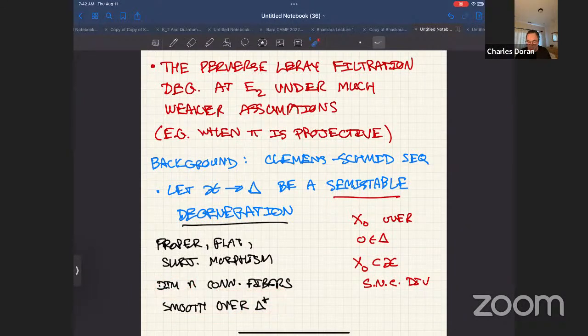It'll be semi-stable if the central fiber, the fiber over the puncture in the disk, is a simple normal crossings divisor inside the total space, script X. And there's various theorems about the existence of and algorithmic approaches to semi-stabilization for degenerations. But let's just make this the simplifying assumption at the moment.